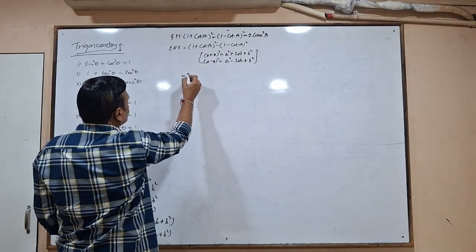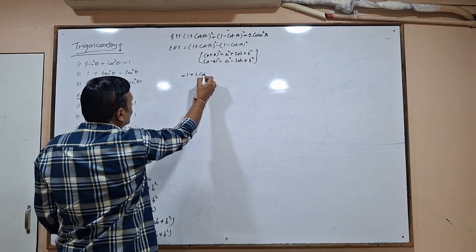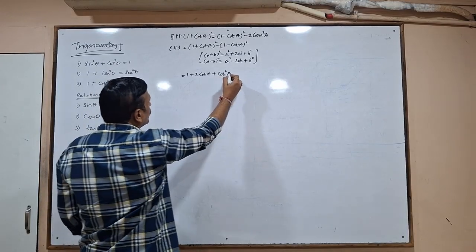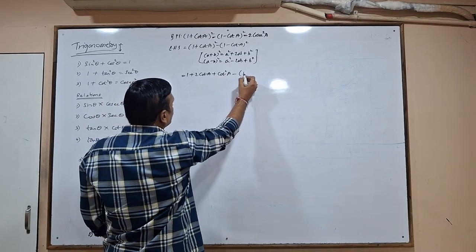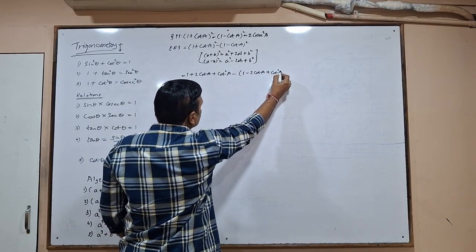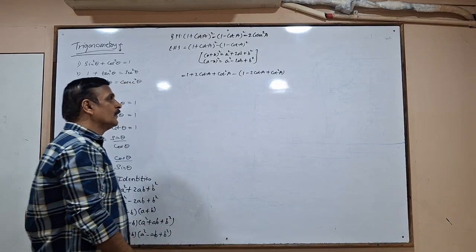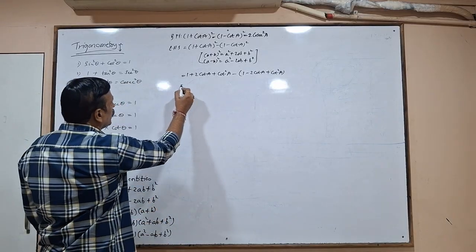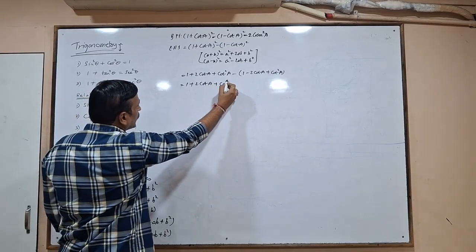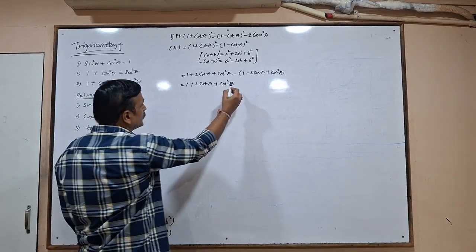Expansion will be 1 plus 2 cot A plus cot square A minus bracket 1 minus 2 cot A plus cot square A. Because there is a negative sign outside the bracket, when you open the bracket, the signs will change.